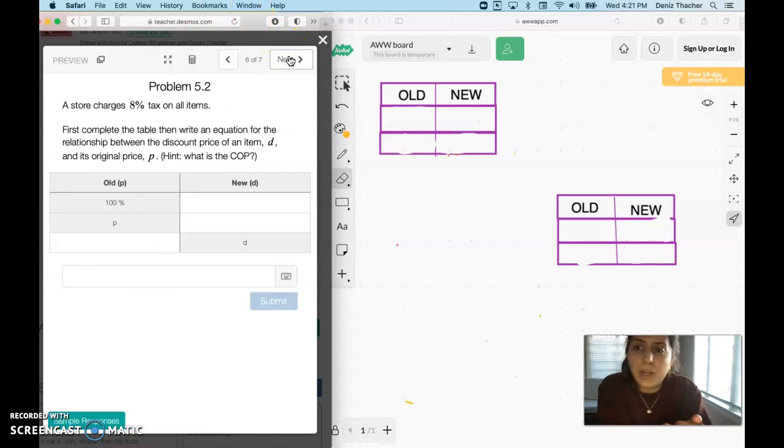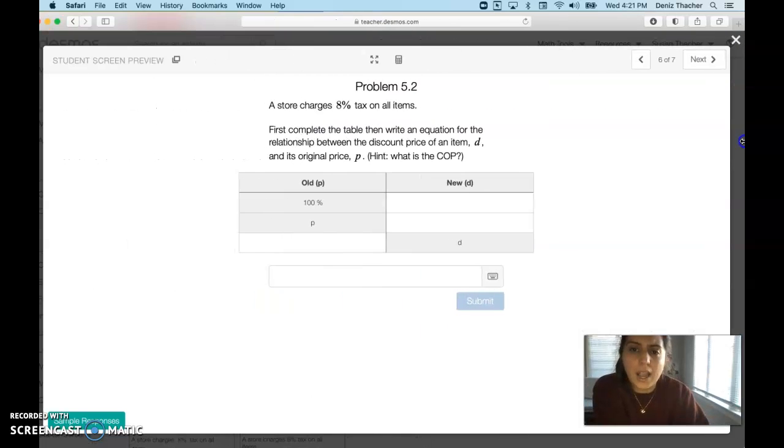For problem 5.2, a store charges 8% tax on all items. First, complete the table, then write an equation for the relationship between the discounted price of an item D and its original price P. So again, there's an 8% tax, which is a percent increase. So that means I'm going to add 8% to 100%, which is 108%.